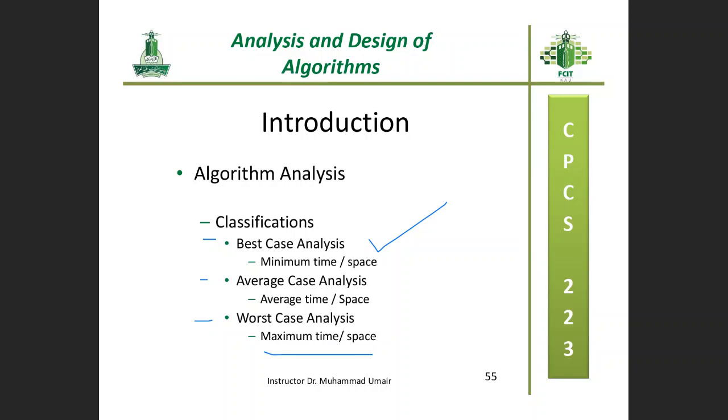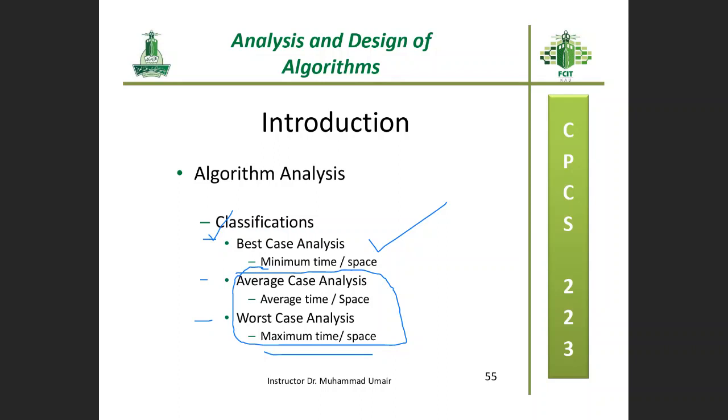And generally speaking, the average case and worst case results are the same. 99% of the time, these results will be the same for a given algorithm. Only the best case could be slightly different from the worst and average.